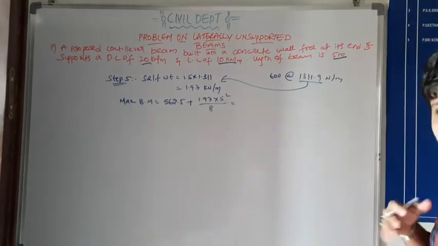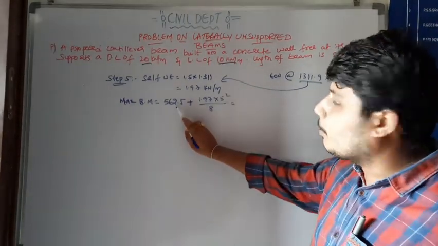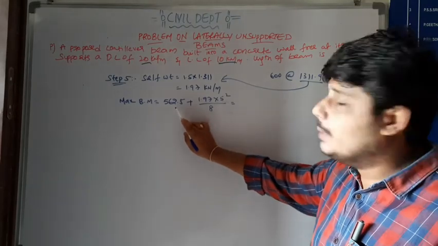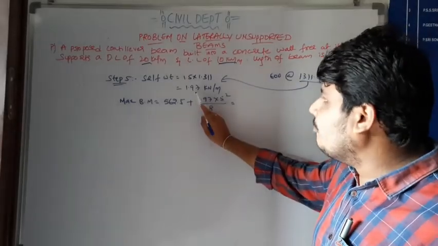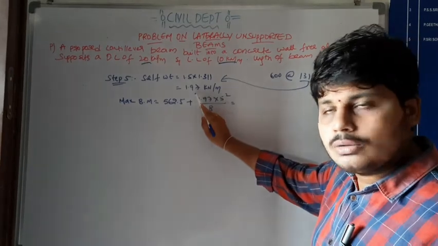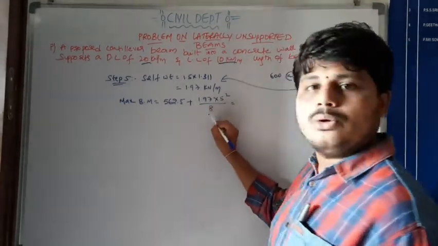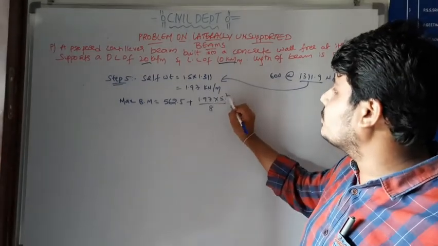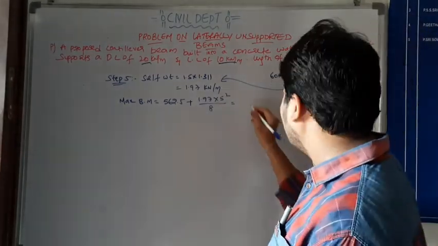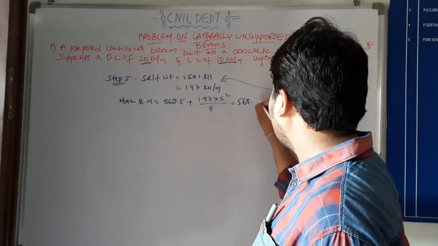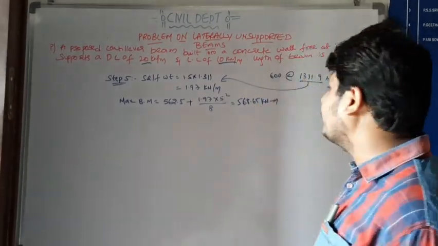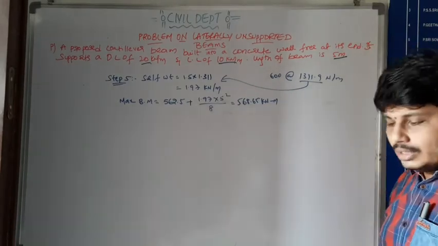This is the proposed cantilever beam, plus the self-weight on the beam, or the overall wall, which is UDL for simply supported. So 1.97 into L square, 5 by 8, which gives the value of 568.65 kilonewton meter.